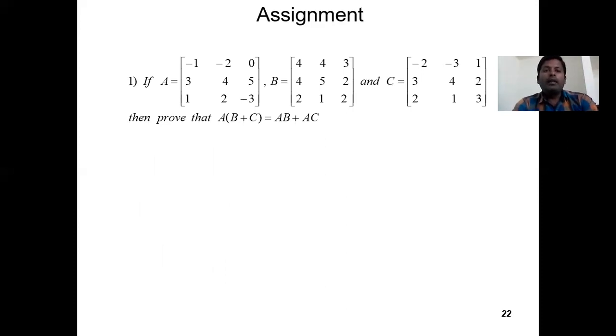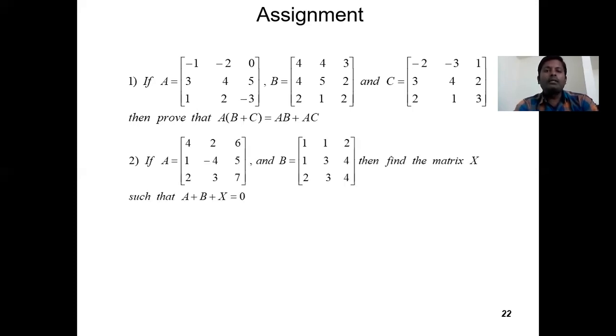If A equal to y minus 1, 2, 0, 3, 4, 5, 1, 2, minus 3, and B is given 4, 4, 3, 4, 5, 2, 2, 1, 2, and C is given minus 2, minus 3, 1, 3, 4, 2, 2, 1, 3, then prove that A of B plus C is equal to AB plus AC.